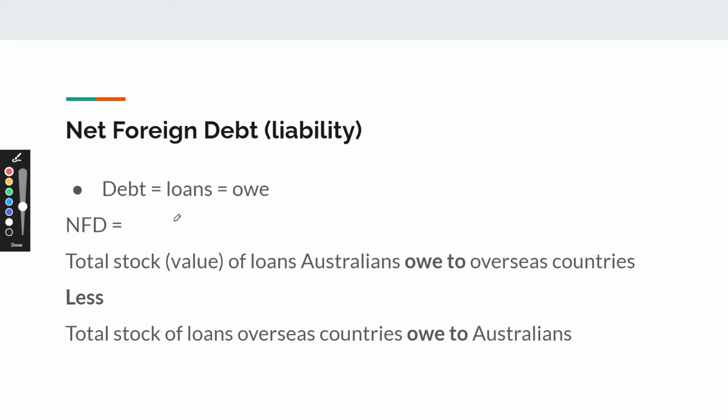So how do we measure net foreign debt? Well, firstly, we need to know that it's talking about loans. The second thing we need to know is it's debt, foreign debt, so debt to countries that are not Australia. And the third thing we need to know is that it's debt in net terms. So let's break it down. First thing is it's the total stock or the total value of loans that Australians owe to overseas countries.